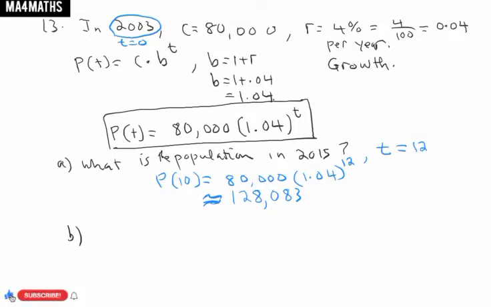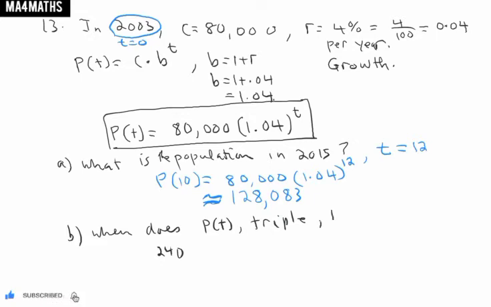In what year will the population triple? When does P of T triple? So if you start with 80,000, triple means 3 times that amount. So you want to find T when P of T is equal to 240,000.